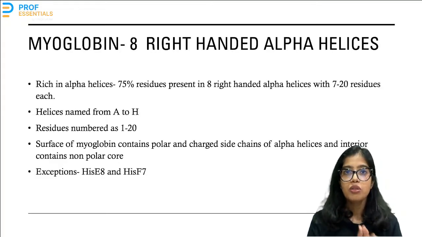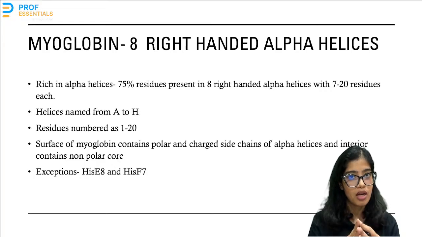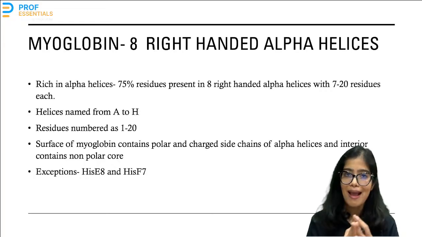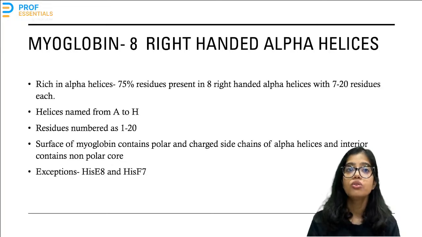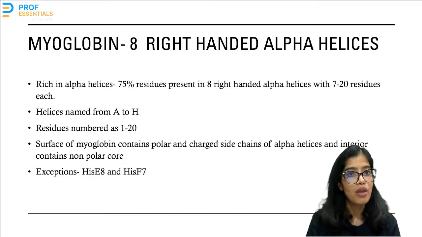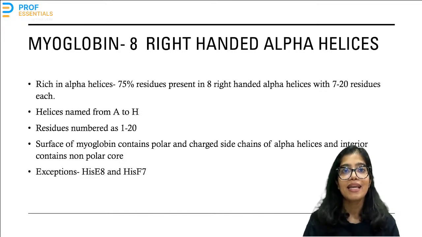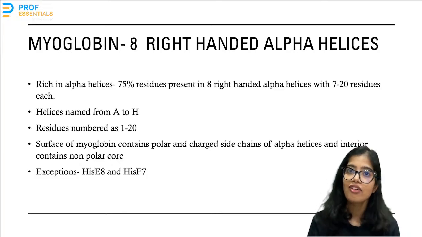So we studied heme, which forms part of the structure of both myoglobin and hemoglobin. Now we are going to read about globin. What is globin? Globin is the protein part of these molecules. Myoglobin contains 8 right-handed alpha helices.